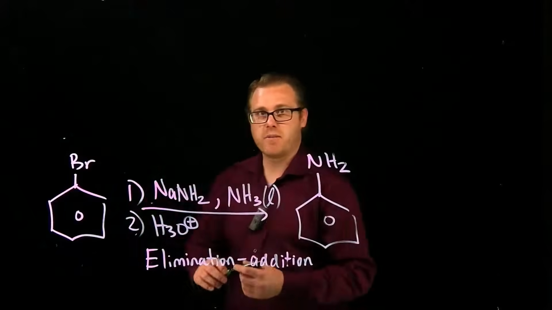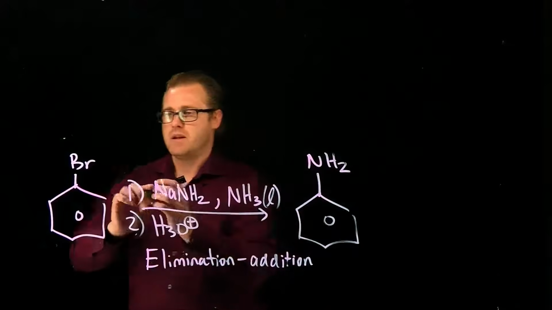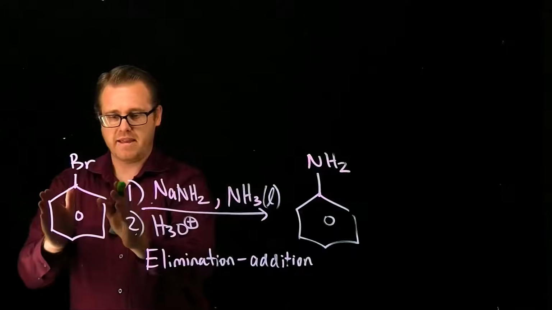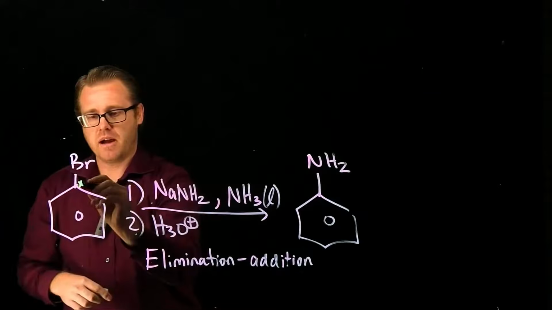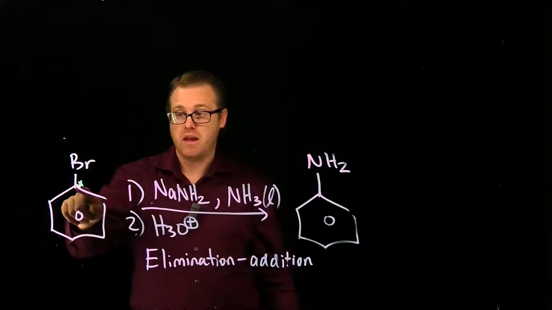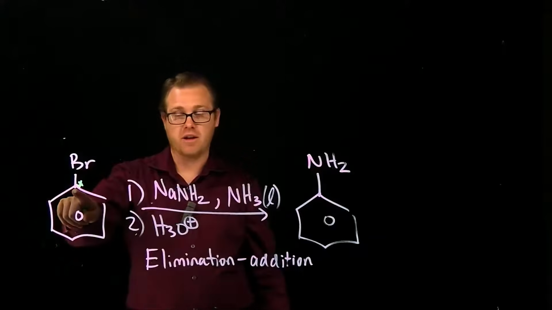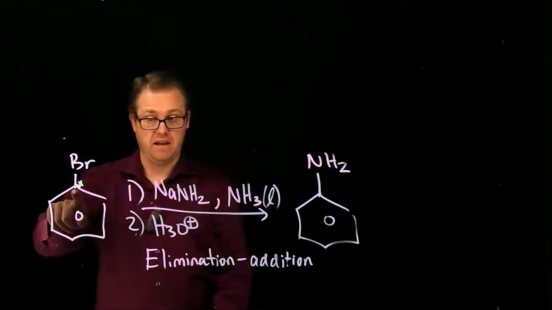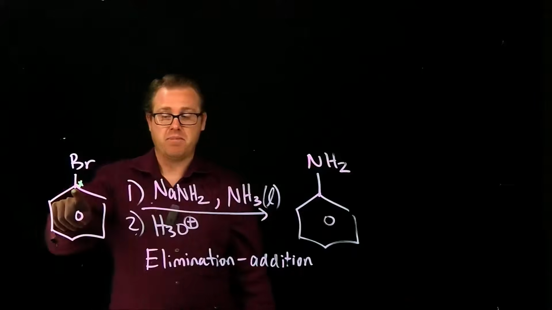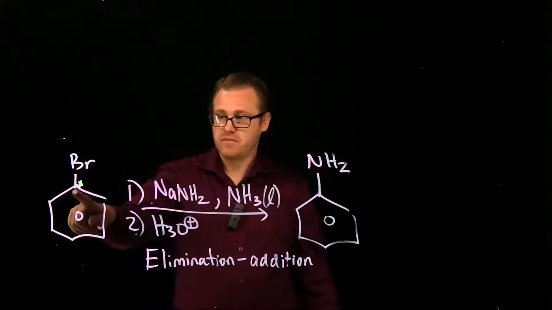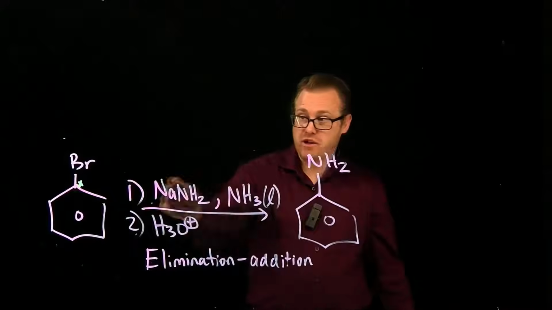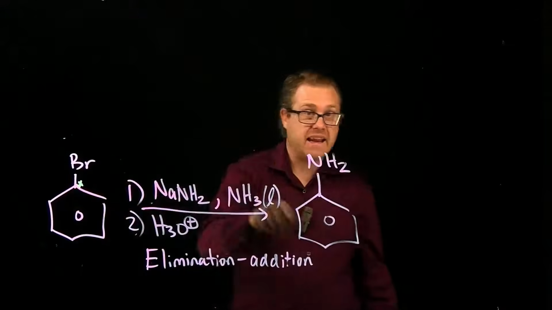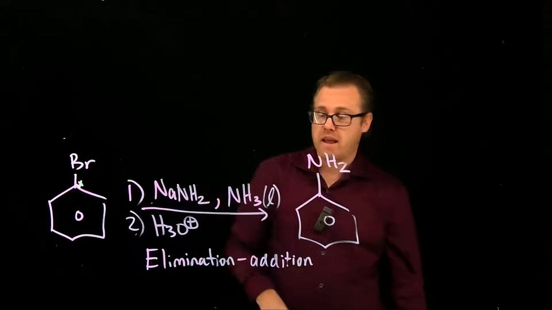So I think this experiment is really cool. So what we do is we take this starting material and we isotopically label that carbon, and only that carbon, with a carbon-13. And then we proceed to do the reaction. And we can track where that carbon is in the product.